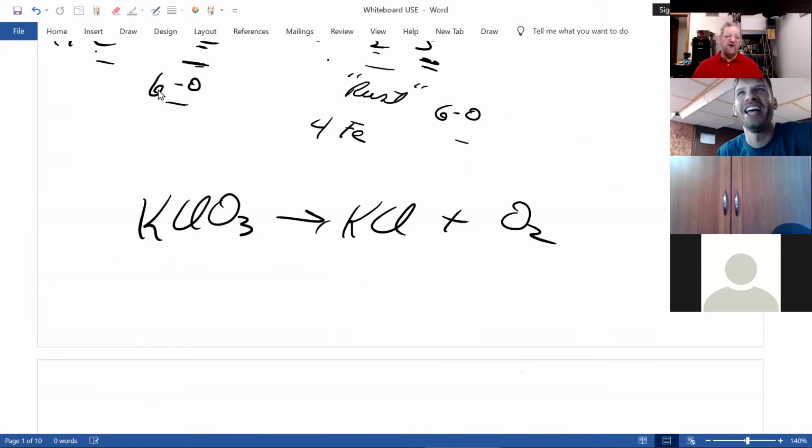And here's one for you. If you take potassium perchlorate, by the way, this is solid rocket fuel used by the military. It oxidizes very quickly and gives off a lot of heat and breaks down to give potassium chloride and oxygen. Why don't you balance it?